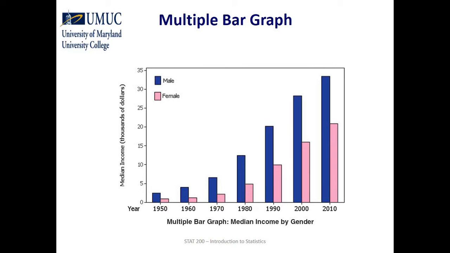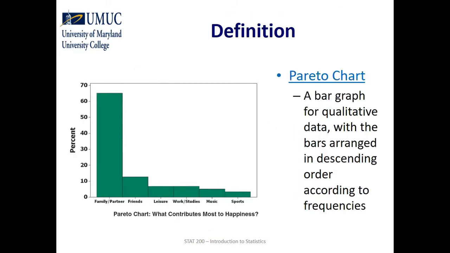The next graph is called a Pareto chart. This is a bar graph for qualitative data. So if you look here, these are not values down here. They're categories, or there's some kind of divider that's not numerical. So a bar graph for qualitative data with the bars arranged in descending order according to frequency.